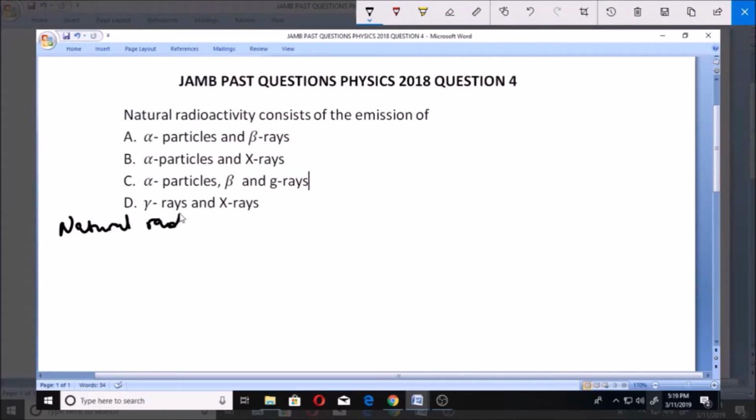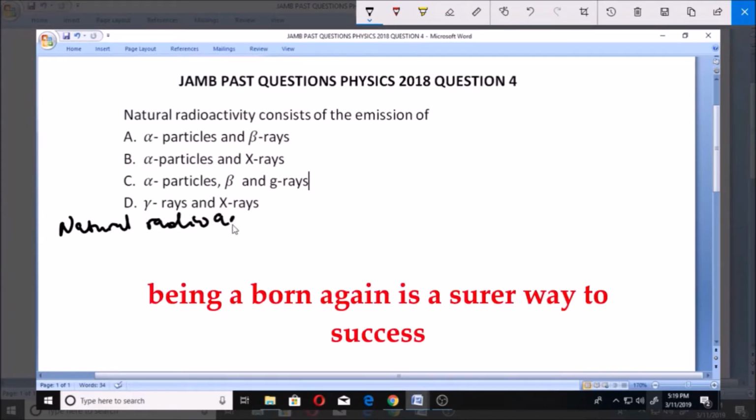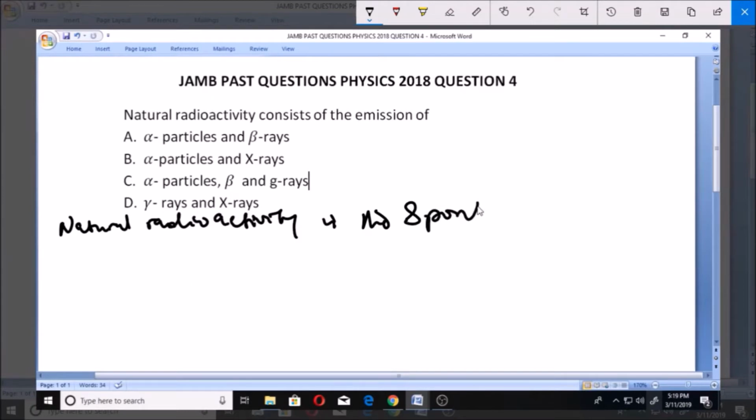that natural radioactivity is the spontaneous disintegration. Natural radioactivity is the spontaneous disintegration or splitting.